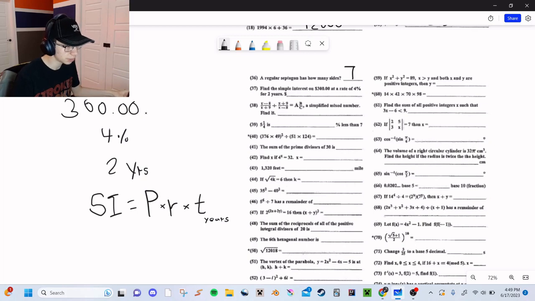So your principal is the amount of money you're investing. Your rate is that percentage. And the years, well, that's just the time in years. So we're just going to multiply all of these together to get our simple interest.